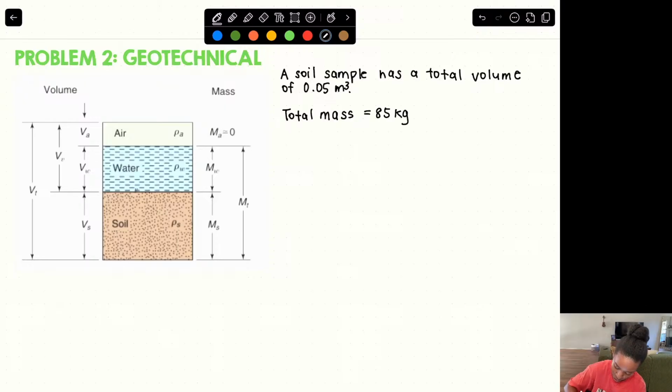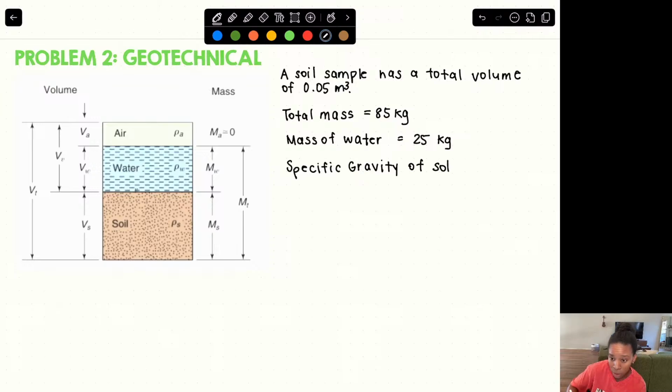The mass of water is 25 kilograms. And the specific gravity of solids, which is G sub s, equals 2.7.